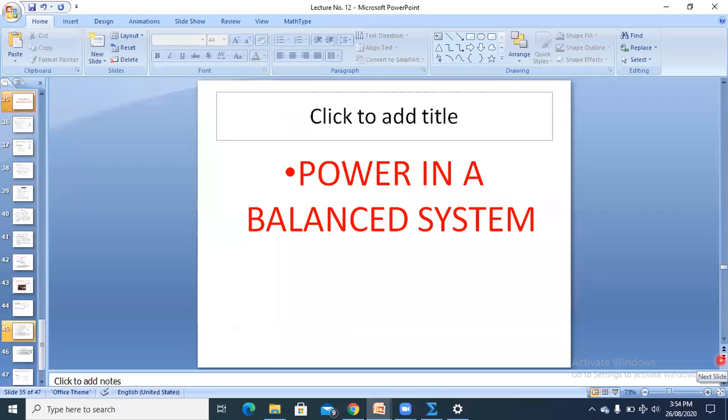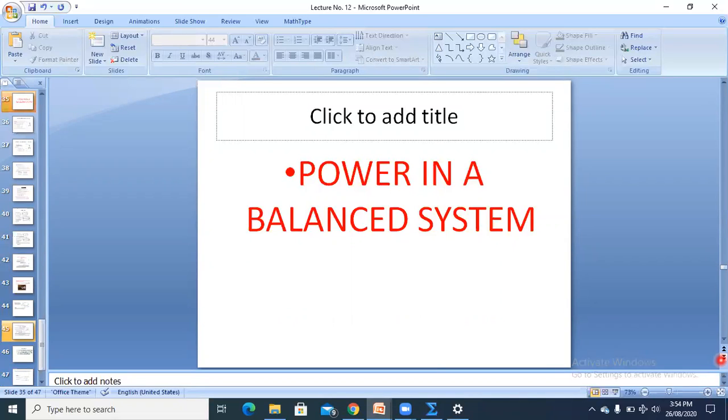Now we have to discuss the power in a three-phase system. We have previously learned the concepts of average power, complex power, apparent power, real power, and reactive power in a single phase system.